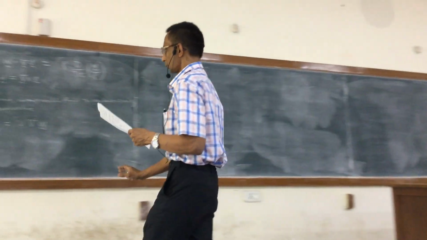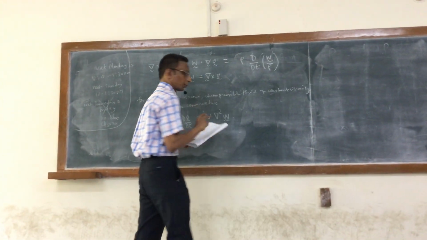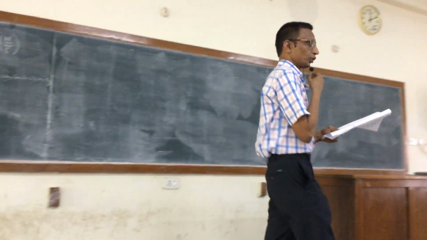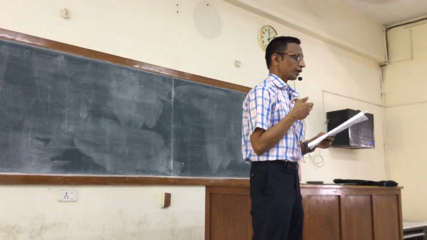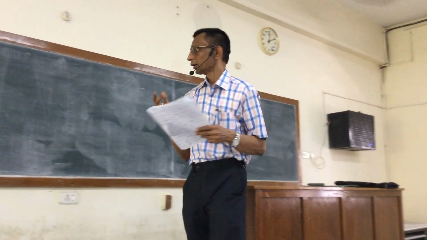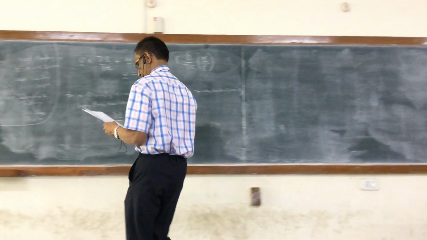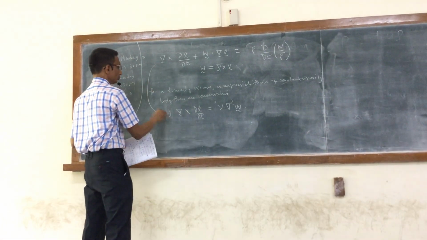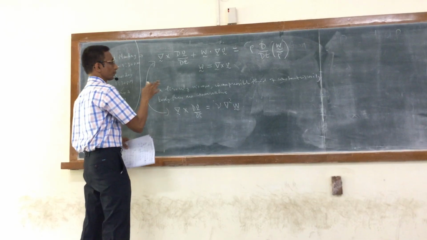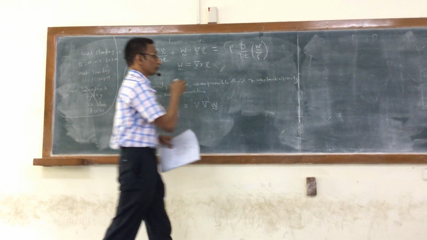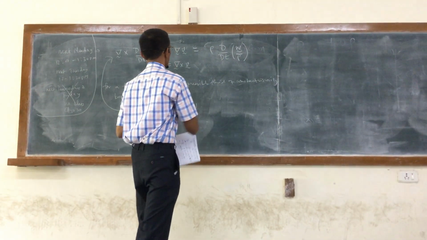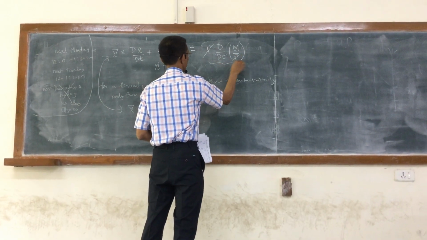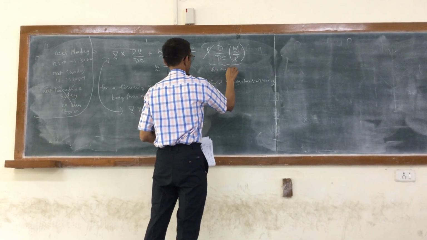We didn't prove it completely because I said that some of the operations like the curl of the Laplacian can be shown equal to the Laplacian of the curl, and so from that we get this. So when I combine these two, this applied to an incompressible fluid would mean that I can get rid of the rho for an incompressible fluid.